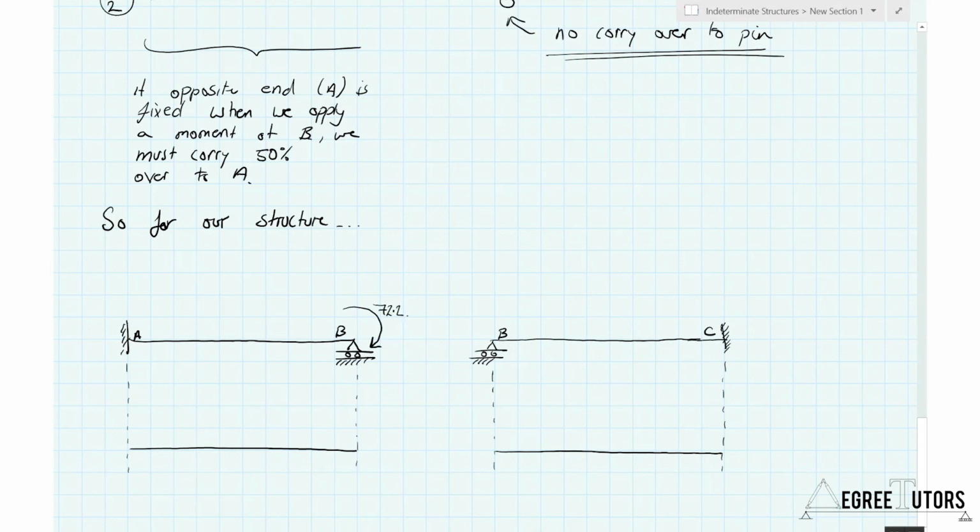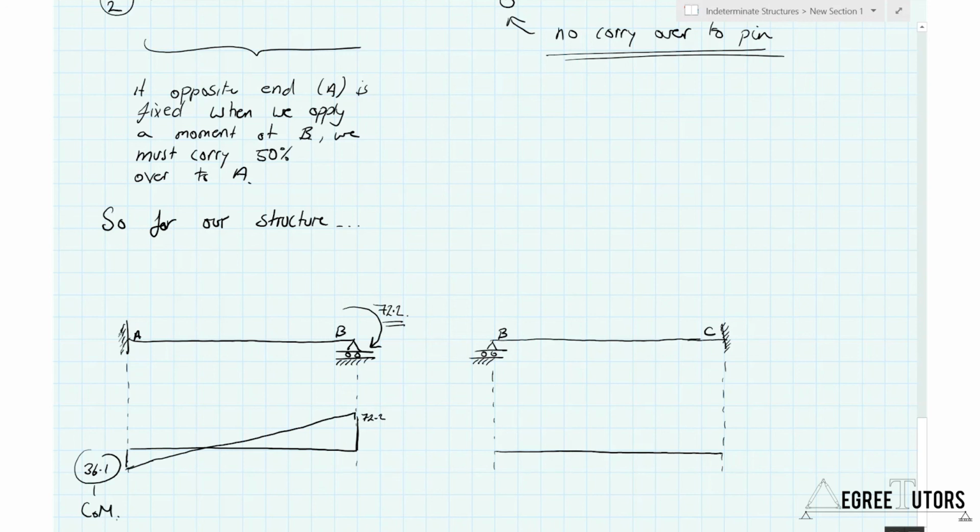Now, the opposite end is a fixed end, so that would mean we have to apply half of this moment, 72.2, to the far end. So if that was 72.2, then down here would be 36.1. So that's your carryover moment.